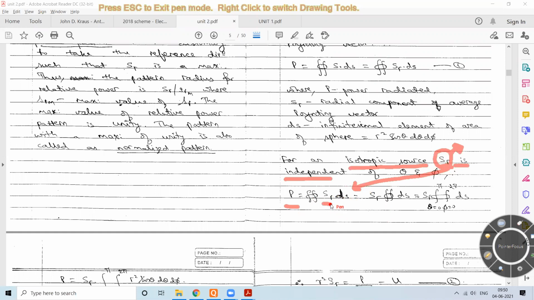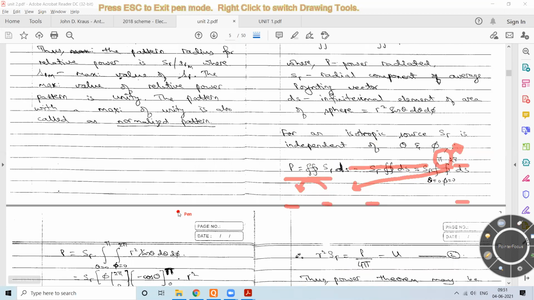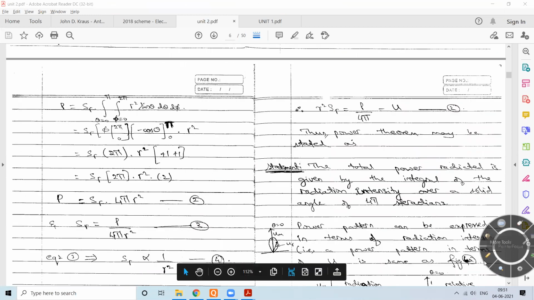Since SR is constant, I can take it out of the integration: SR double integration with respect to ds. Theta is in the range of 0 to pi and phi is in the range of 0 to 2 pi. ds is given by r square sine theta d theta d phi.